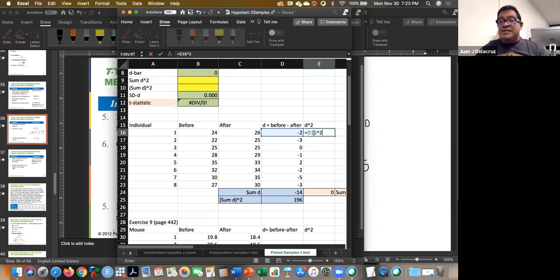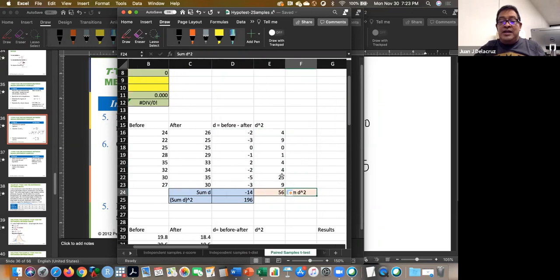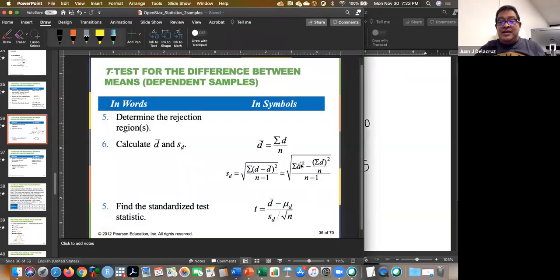So that, remember, is to raise to the power of 2. So I'm going to raise this number, I'm going to drag this down, and here I have the summatory of the squares. So remember, we need the summatory of the differences squared. So this is the summatory of the differences squared.